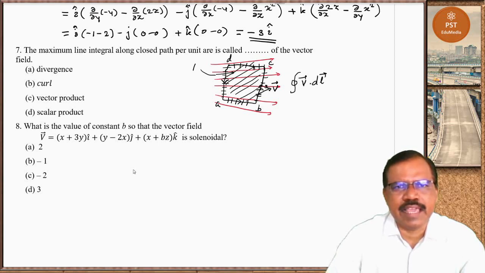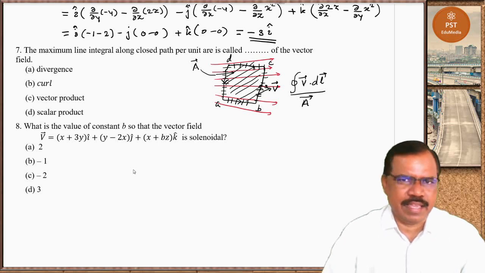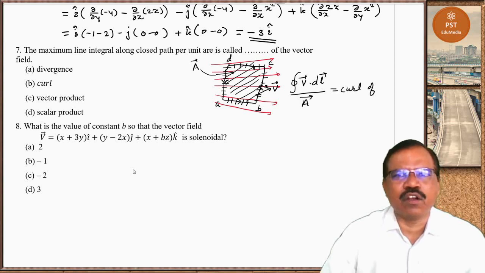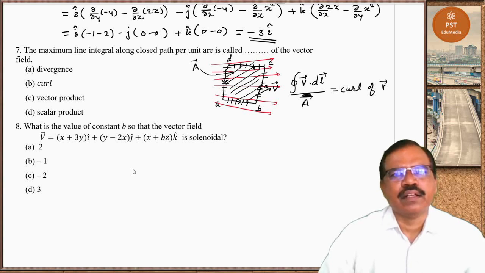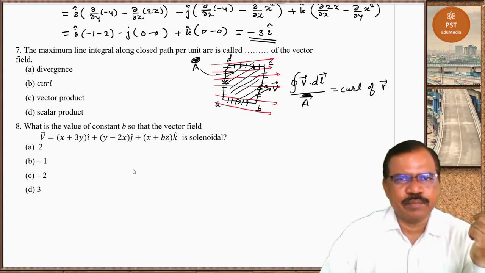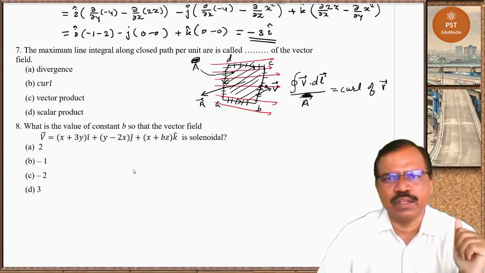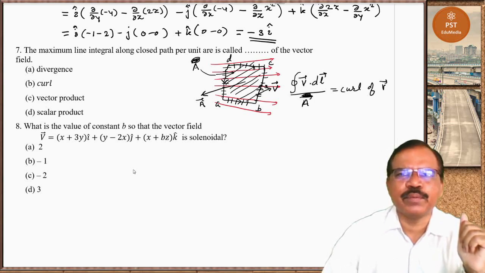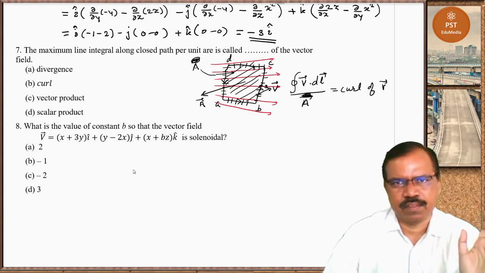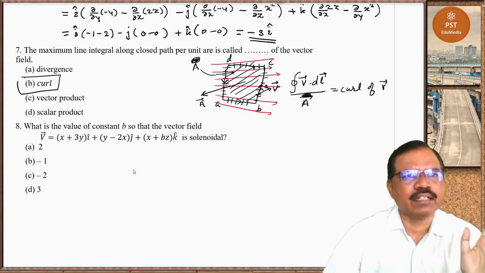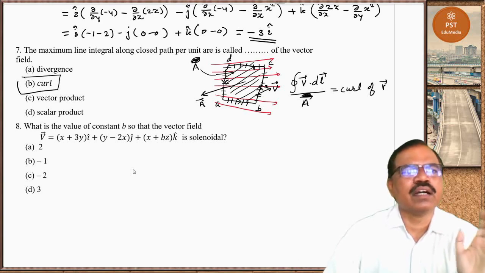Suppose that area is A. Then we divide this integral by A. And this gives you the curl of a vector field. But what is the direction of area? The area vector is perpendicular to the area. So the second one is curl. The maximum line integral along a closed path per unit area is called the curl of the vector.